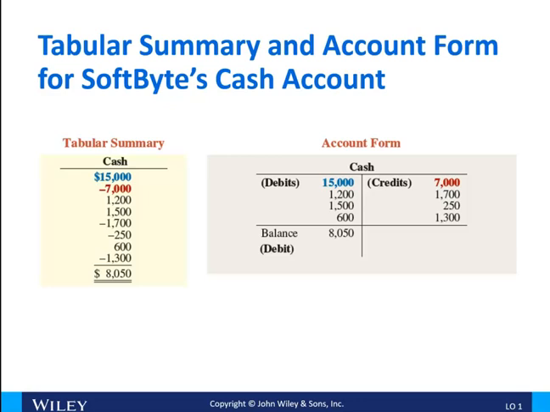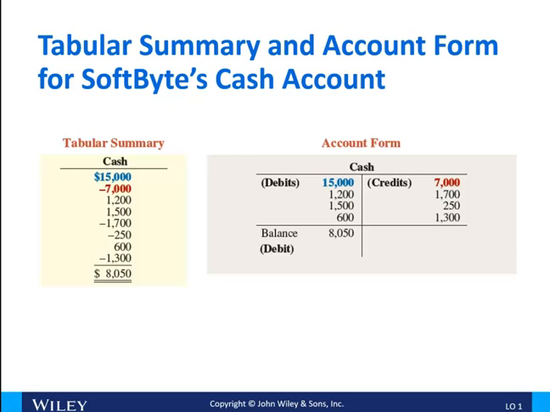If we look at the account form, or the T account on the right side, remember we have our debits on the left, credits on the right. Cash is an asset, and we'll learn more about this in a little bit, but debits are an increase of cash, an increase in asset, credits are a decrease. So in this case, we're going to put the increases on the left side. So anytime in that tabular form you see an increase, including the beginning balance because that's positive, it goes on the left side.